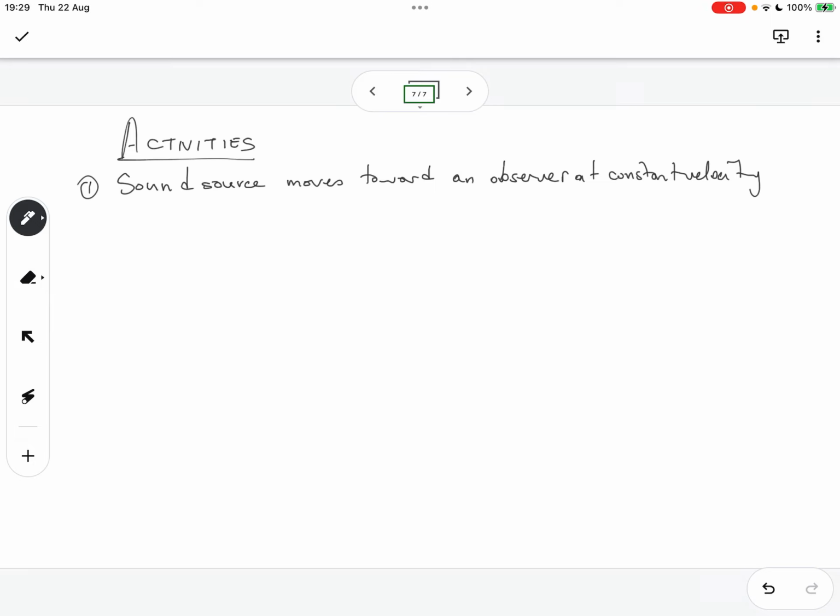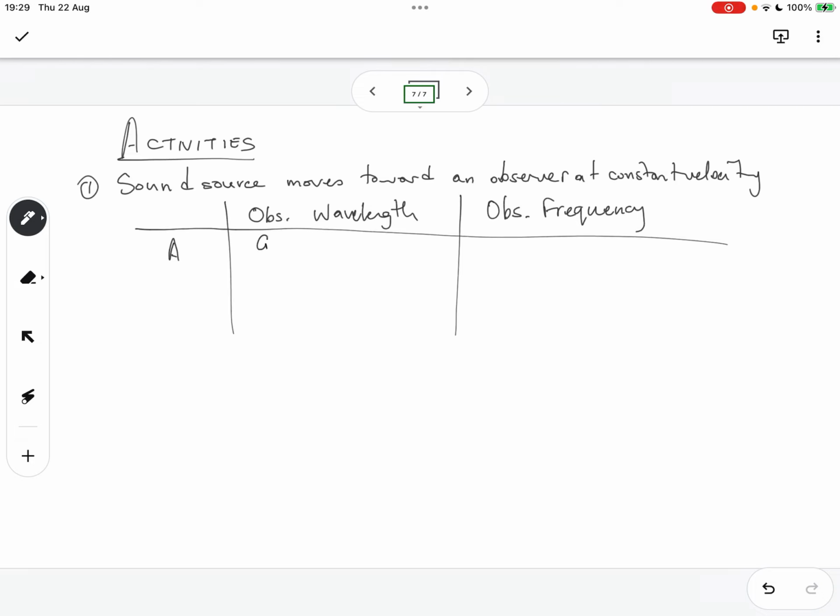Which one of the following describes how the observed frequency and wavelength differ from that of the sound source? So we've got two columns: observed wavelength and observed frequency. And option A is observed wavelength greater than, and observed frequency is also greater than.